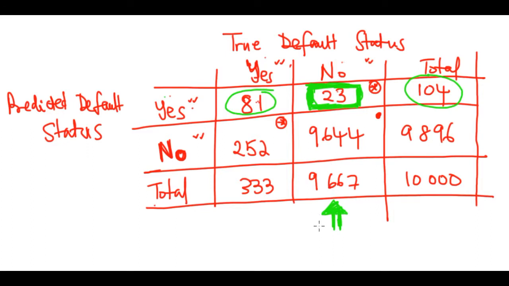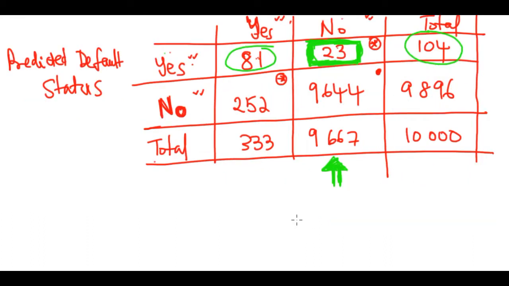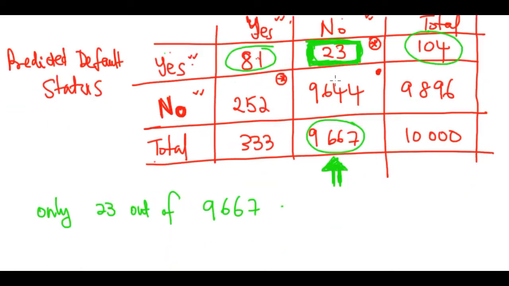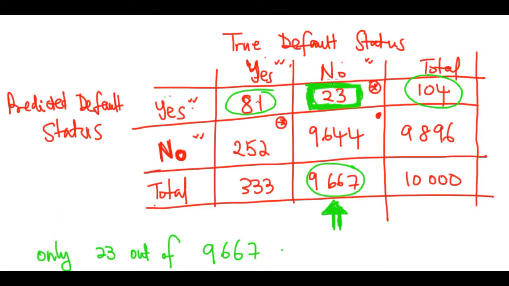So it means only 23 out of all... If I'm getting this mixed up, I think for the past minute or something I've been getting it mixed up. So for the people who did not default, we blamed them.